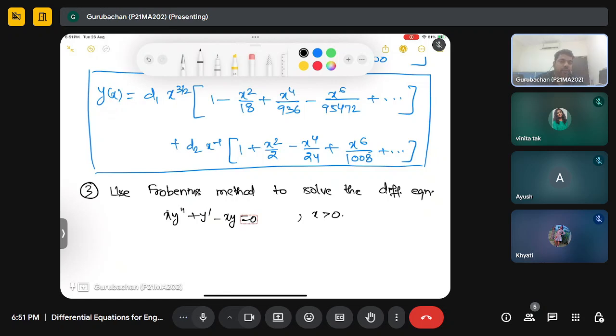This is the particular case of integer. So for this case we have to apply the Frobenius method. So how we can apply, let us see that.